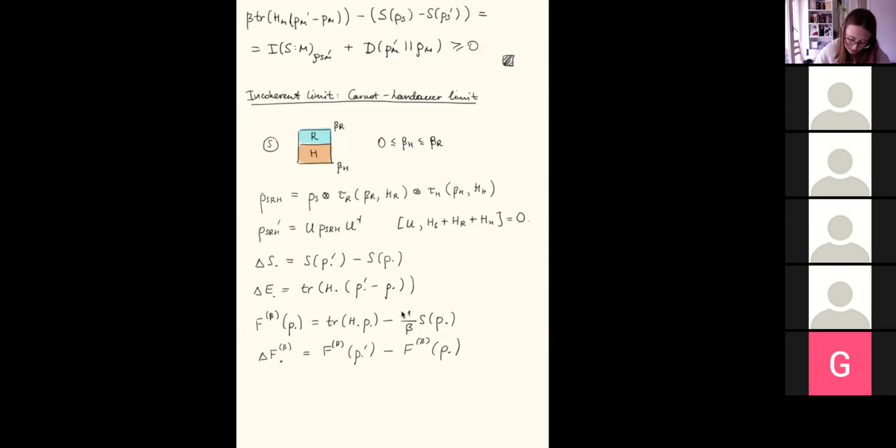Okay, and the last notation-wise is eta. Eta is the Carnot efficiency for a Carnot machine with the hot reservoir at the temperature beta H and a cold reservoir at the temperature beta R. So in this case, it's 1 minus beta H over beta R.